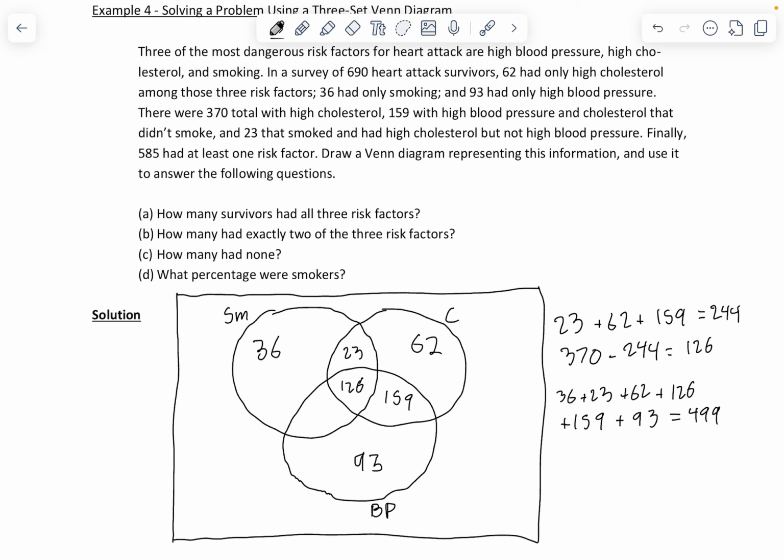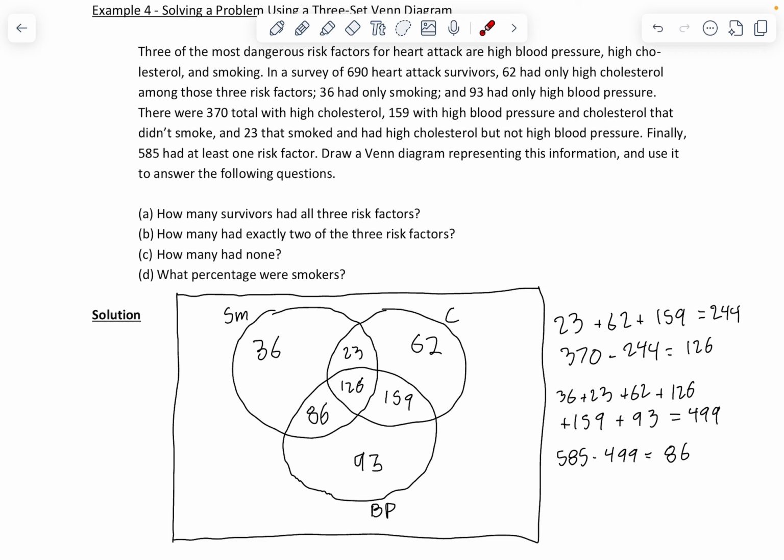Then I take the 585 and subtract 499 from it. 585 minus 499 equals 86. That goes right here. Now if we add up all the numbers we have written down, they add up to 585, the total that had at least one risk factor.